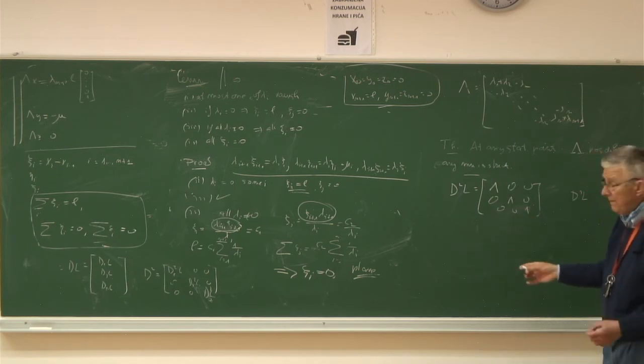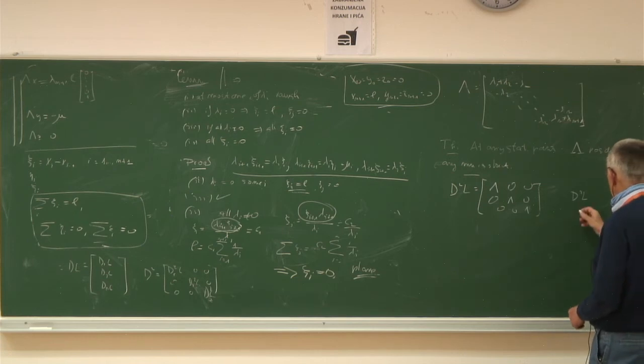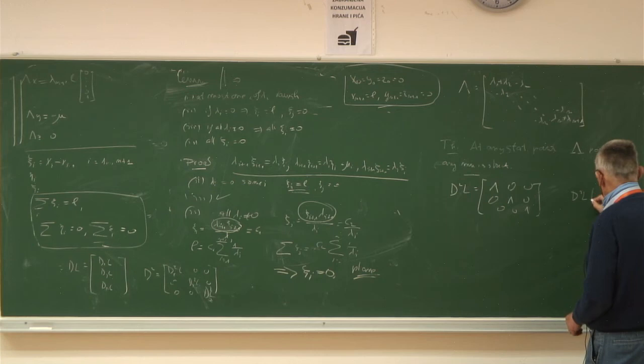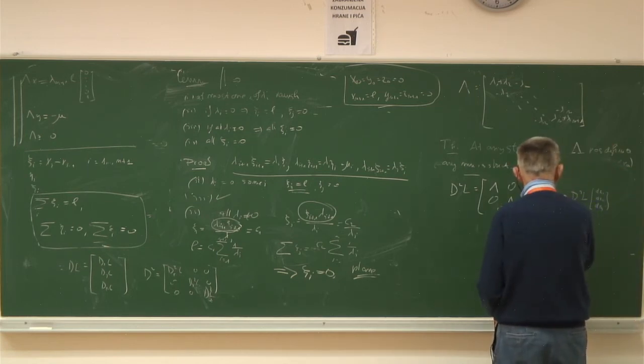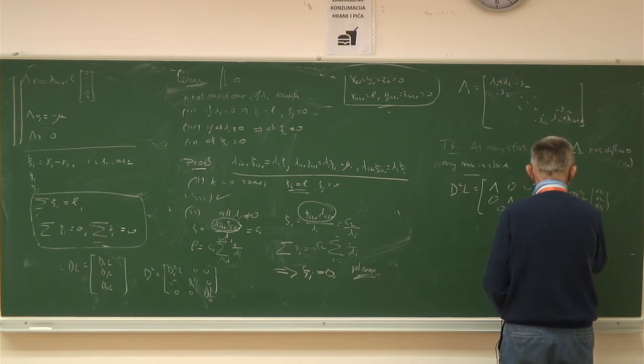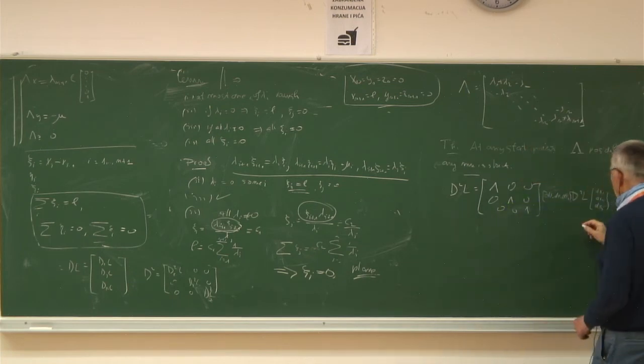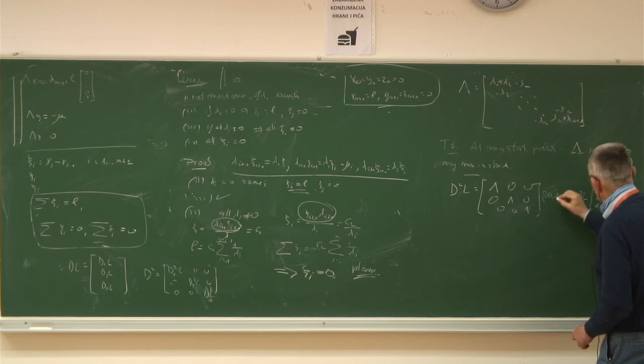So d2L should be multiplied by, let me call it, dx1, dx2, dx3, and here dx1, dx2, dx3, transposed.